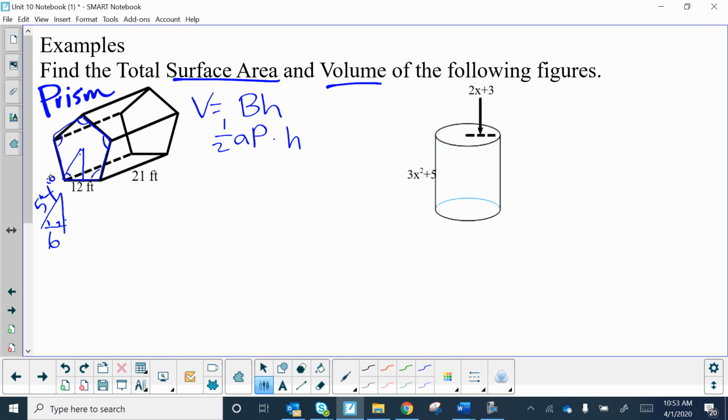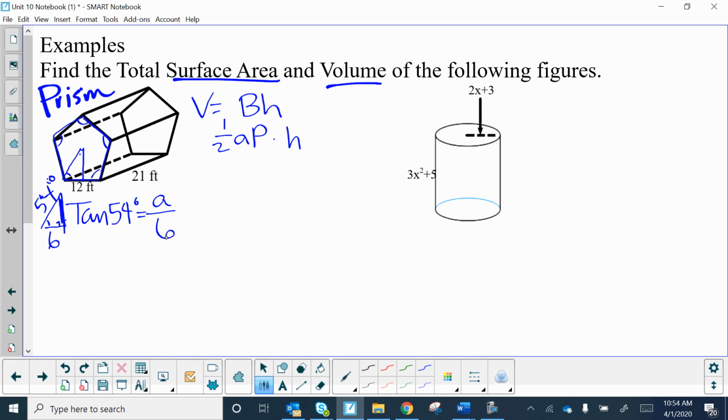Okay, so 54 degrees. I'm going to use trig to figure out the apothem, opposite over adjacent. So it's tangent. Tangent of 54 degrees equals opposite, which I'm going to call A, because that's the apothem I'm looking for, over 6.